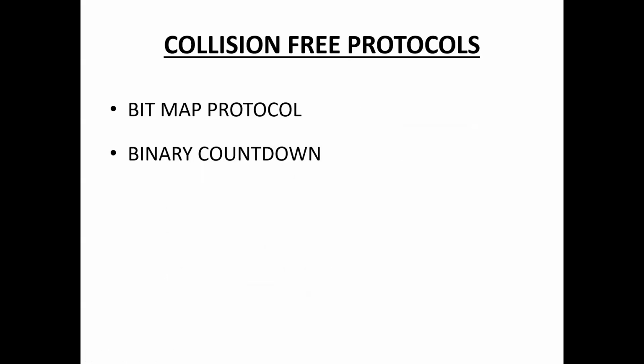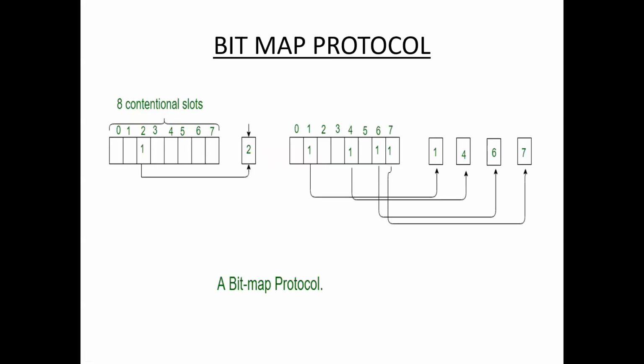Two collision-free protocols: bitmap protocol and binary countdown protocol. In the bitmap protocol, suppose in this example station 2 wants to send data, so it places bit 1 in the second slot. Here we take n contention slots; in this example n equals 8, so slots 0 to 7.